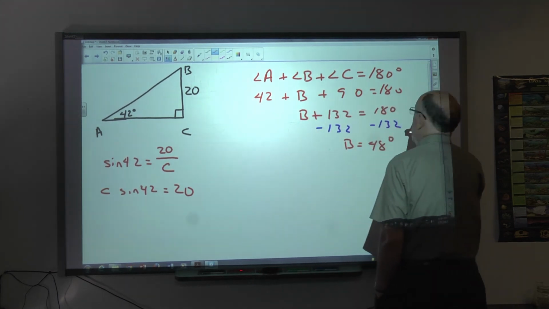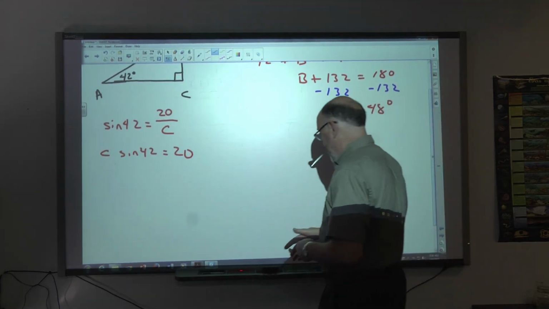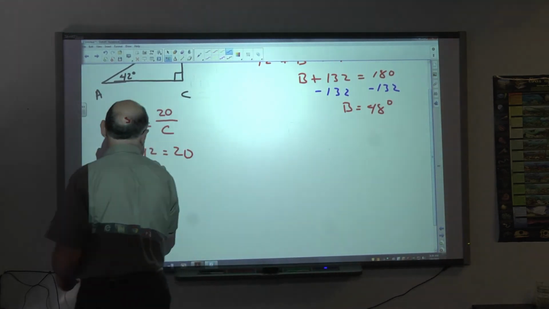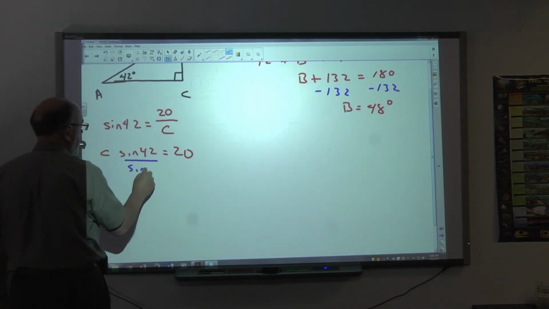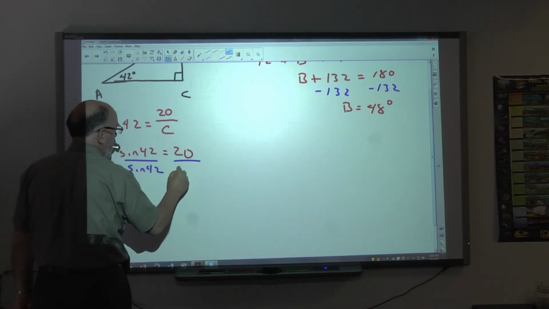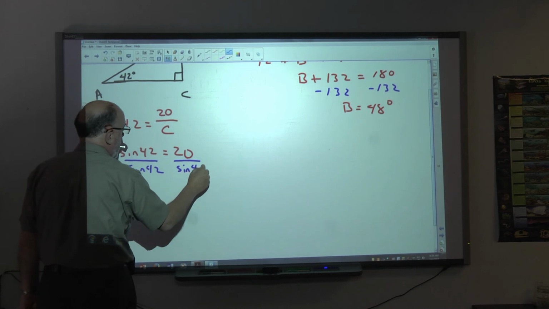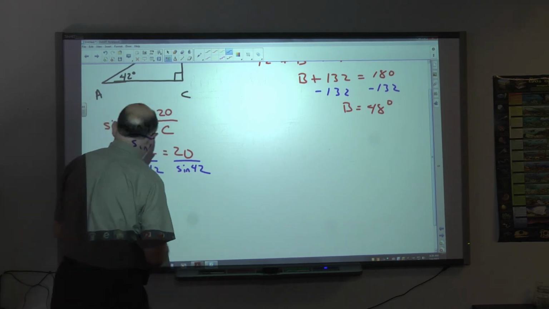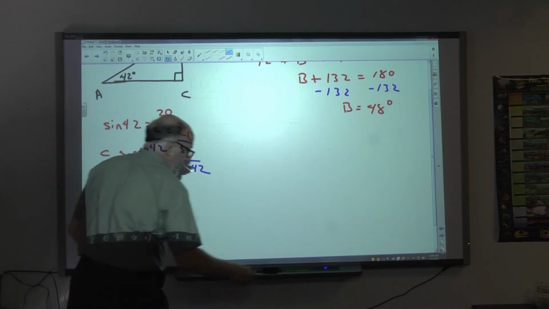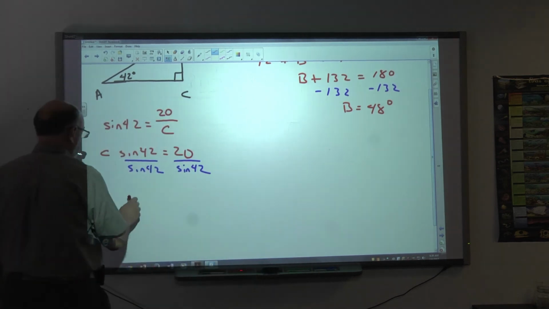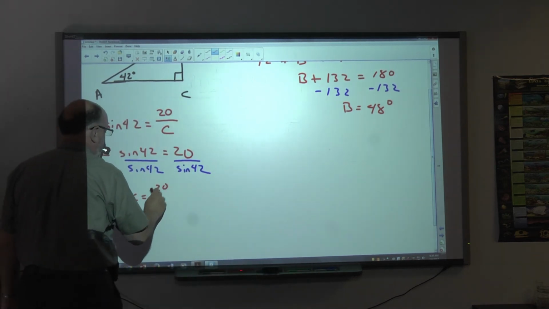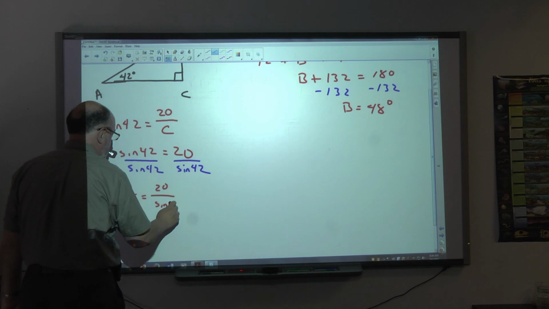And then the opposite of multiplying is to divide, so we'll divide by sine 42. And so C is going to equal 20 over the sine of 42.